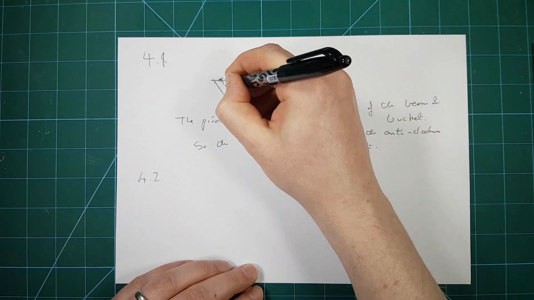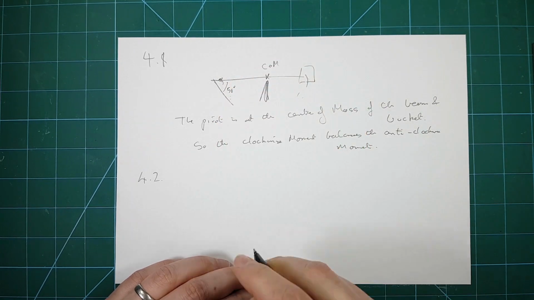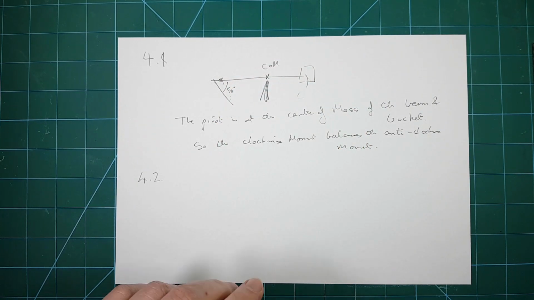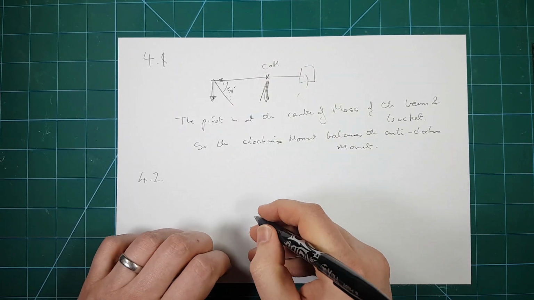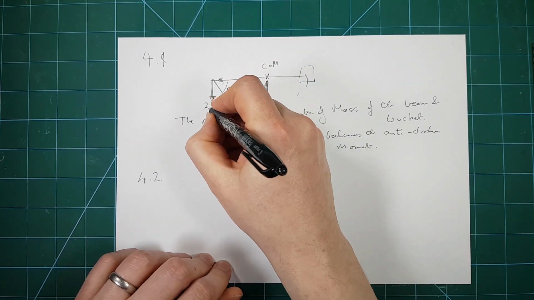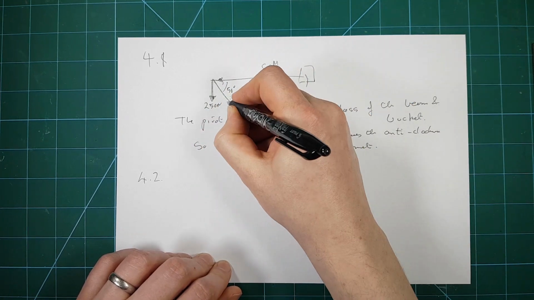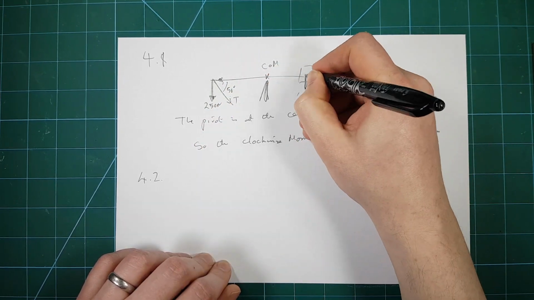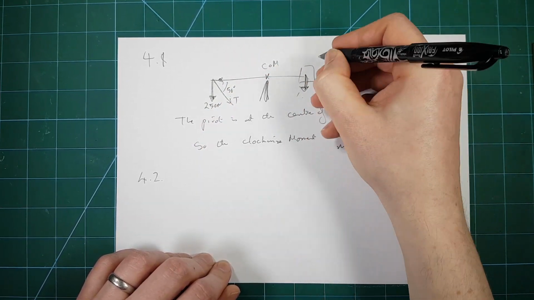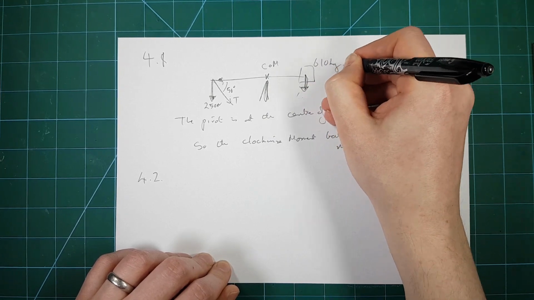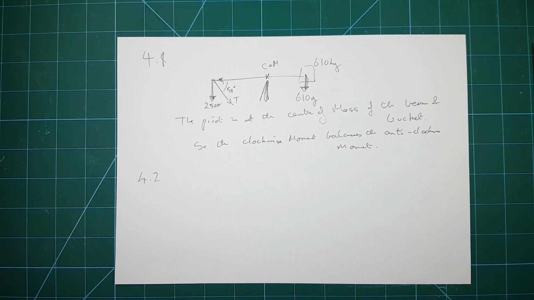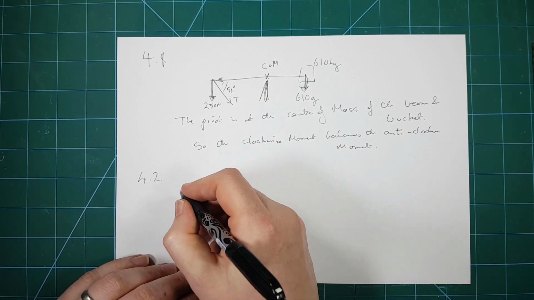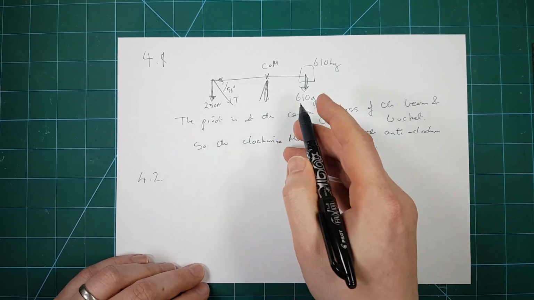We've got a rope here at 50 degrees, like so, and we've got a force here, which it says is 250 newtons. That has a force of tension there. And here we have a force, well, this is 610 kilograms, so that's 610 g, like so. This is a moments problem. The easiest way to do this is to do it all in one go.